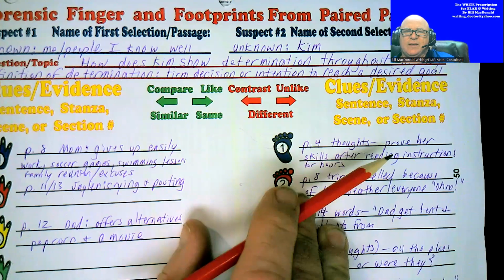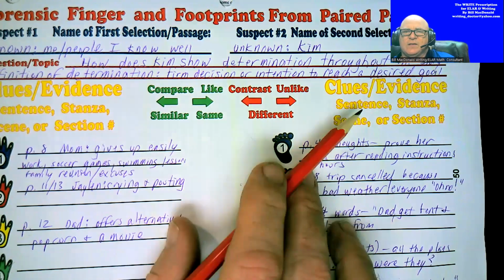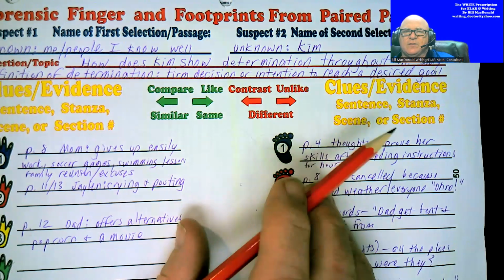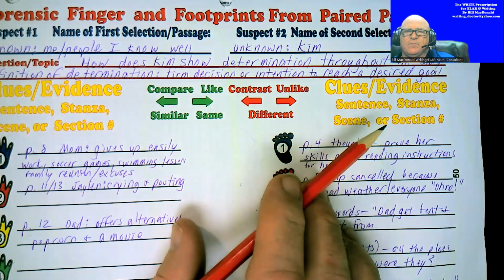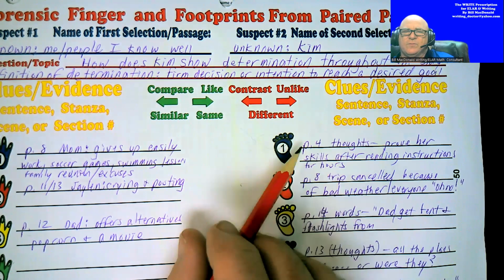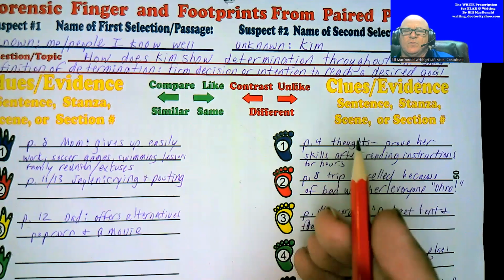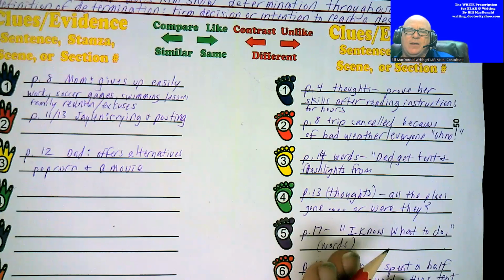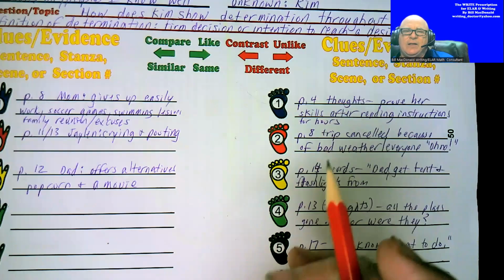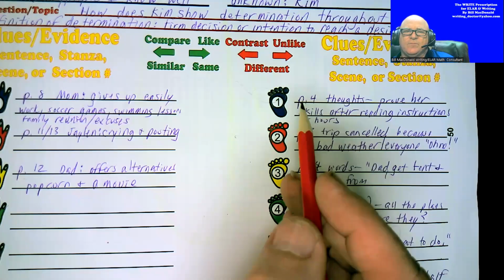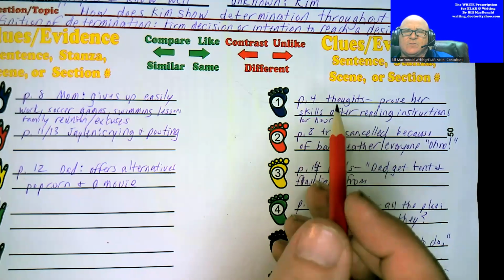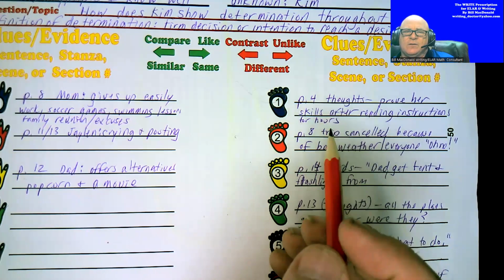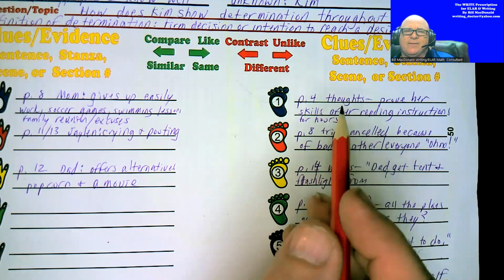The clues, the evidence based on the stanza, the scene, or the section, and it'll be in paragraphs in this case. And so the numbers 1 through 6 are just how many your kids are able to find, and you can put the location of the evidence on the lines and what kind of evidence it was.